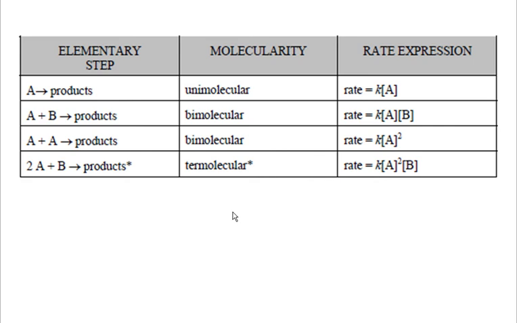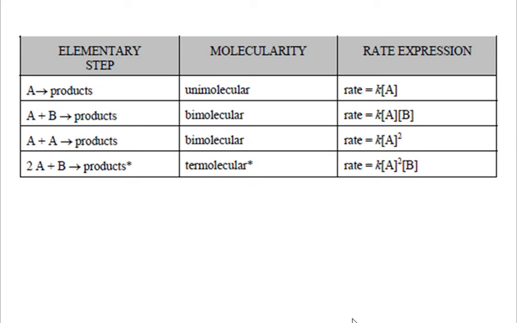And termolecular, again, is extremely rare, and the rate would equal the rate constant times whatever you have 2 of, you'll square that, that will be the second order, and the other thing will be first order. So if I have 2A plus B, the rate equals k times A squared times the concentration of B to the first.